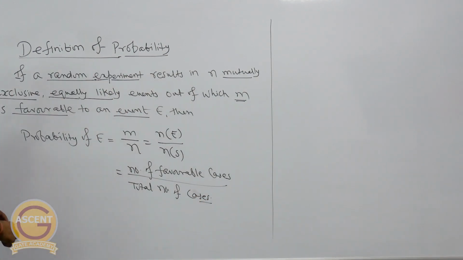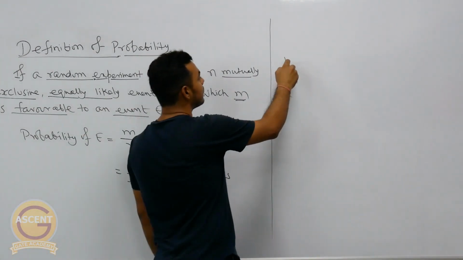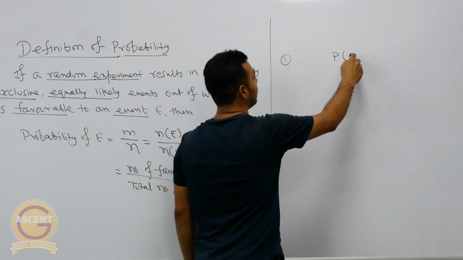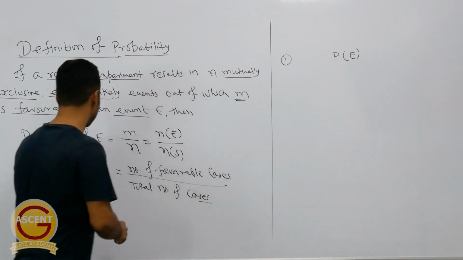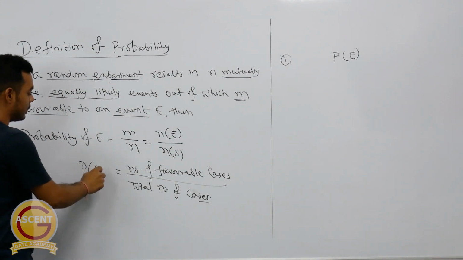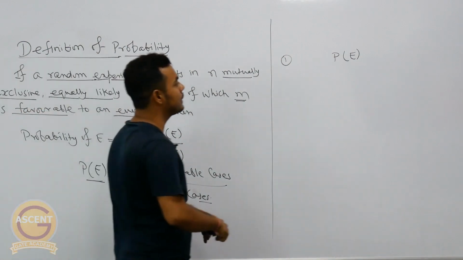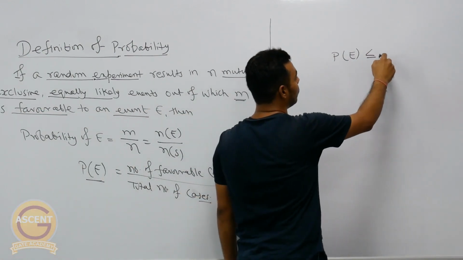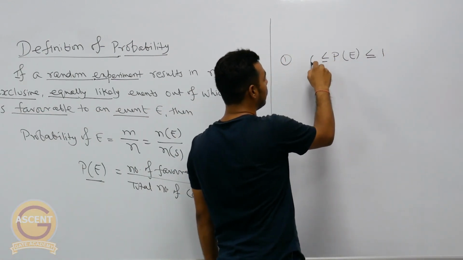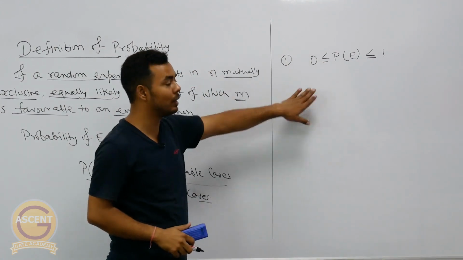Now there are some important points related to probability which you should know. The first point is, if P(E) is the probability of event E, then we know that this number is always between 0 and 1. The minimum value of the probability of any event is 0 and the maximum value is 1.